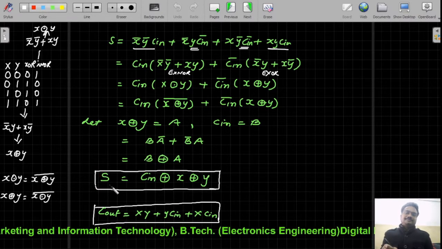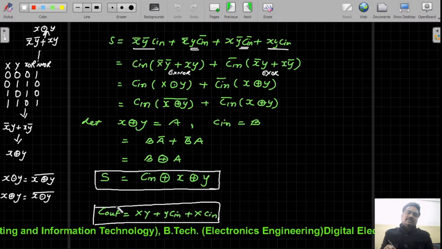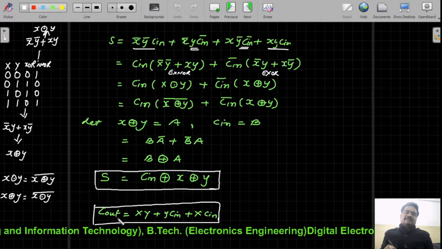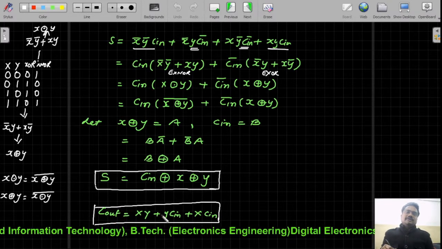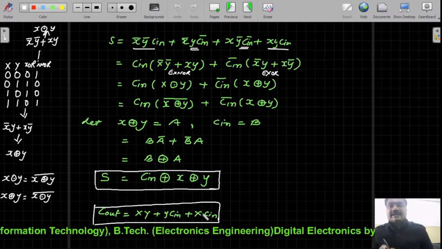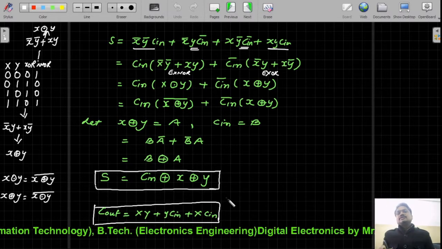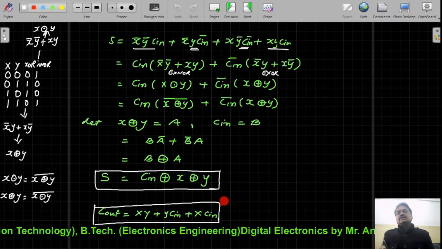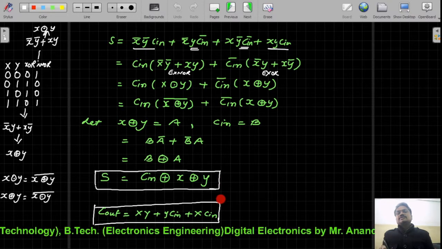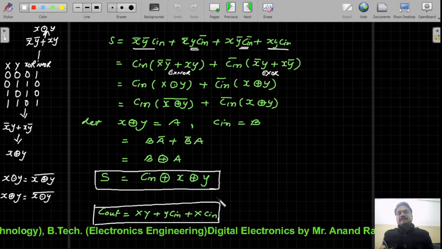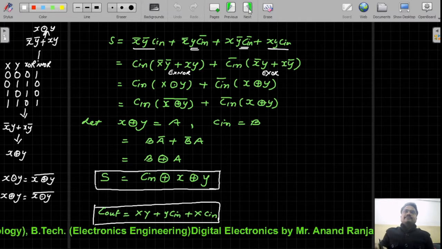And finally, the Cout expression can be written as Cout equal to XY plus Y Cin plus X Cin. These are the two final reduced Boolean expressions for implementing the full adder circuit.